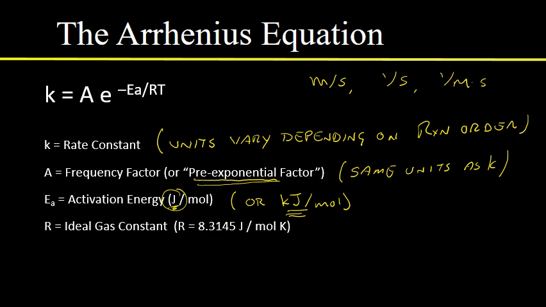Anyway, my point is, when you're doing this problem, make sure you're using this R and not the one that's in liters atmospheres per mole Kelvin. All right. And then T, of course, is the temperature. And what do you need to do to the temperature all the time, particularly if you're working with the ideal gas constant? Temperature has to be in kelvins. So make sure you've got your temperature in kelvins when you're using the Arrhenius equation.